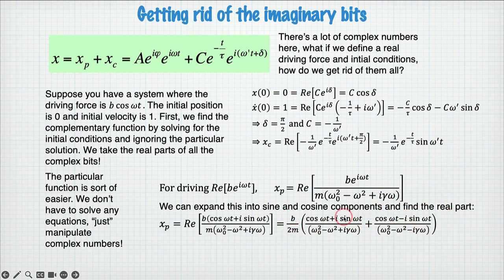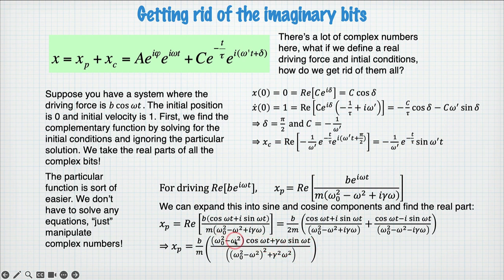We can collect all the sine and cosine components, and lots of things cancel out. And we find that the function xp is now given by this real valued function here, dependent on sine and cosine components of omega t. This is actually kind of a useful form to have the function in.